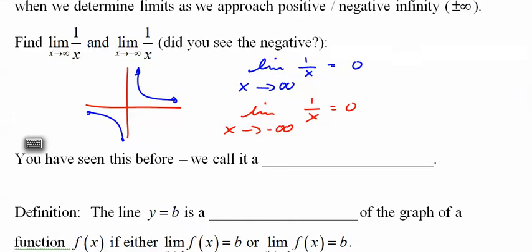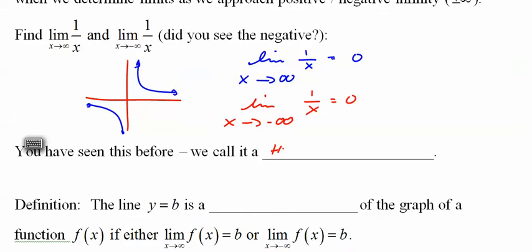Well, we already have seen this before. We called it a horizontal asymptote. And we'll just call these HAs.